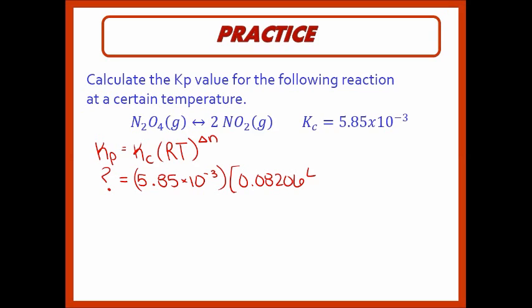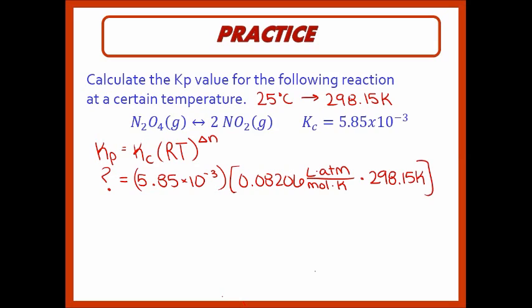0.08206 liters times atmospheres per mole times Kelvin, times the temperature, which at this point we're going to assume is 25 degrees Celsius or 298.15 Kelvin, raised to the delta N. Now the issue is we need to solve for this delta N value, and remember, delta N is going to be equal to the moles of gaseous reactant minus the moles of gaseous product.